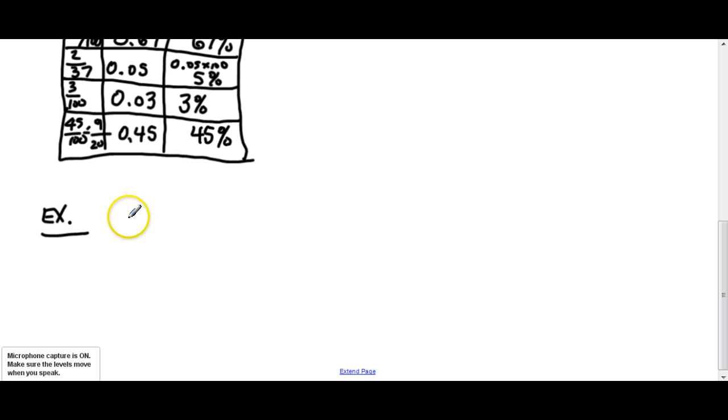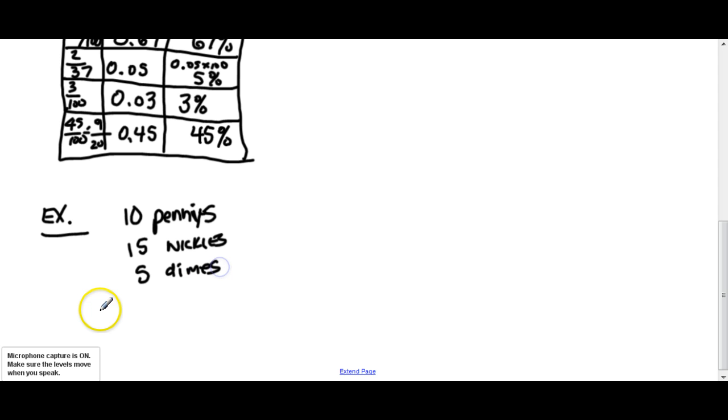And let's say in that bag we have 10 pennies, we have 15 nickels, we have 5 dimes, we have 8 quarters, and let's say we have 6 loonies, and we have 2 toonies.